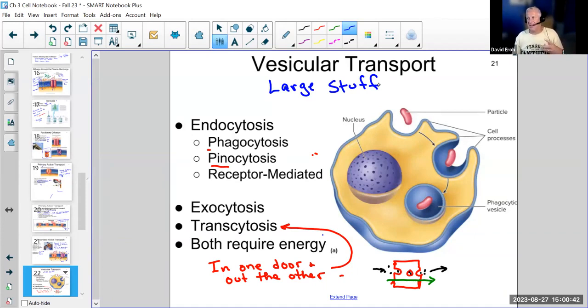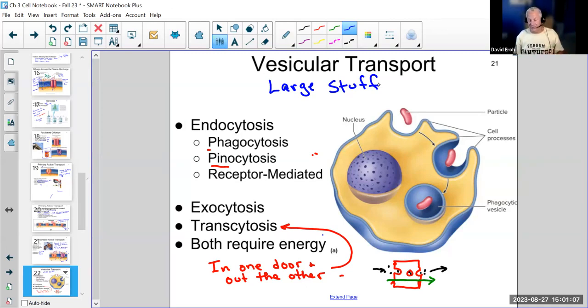You cannot make entire chunks of material flow through a channel. Sometimes your cells have the need to take in giant things, giant compared to molecules. A bacteria is not big, but it's enormous compared to an oxygen molecule.